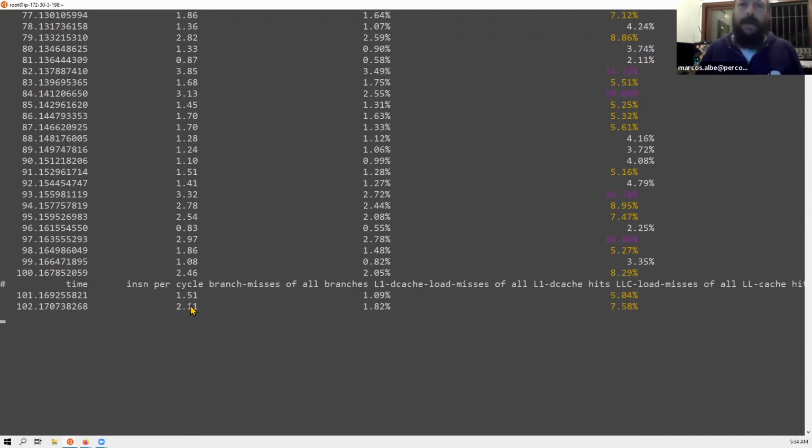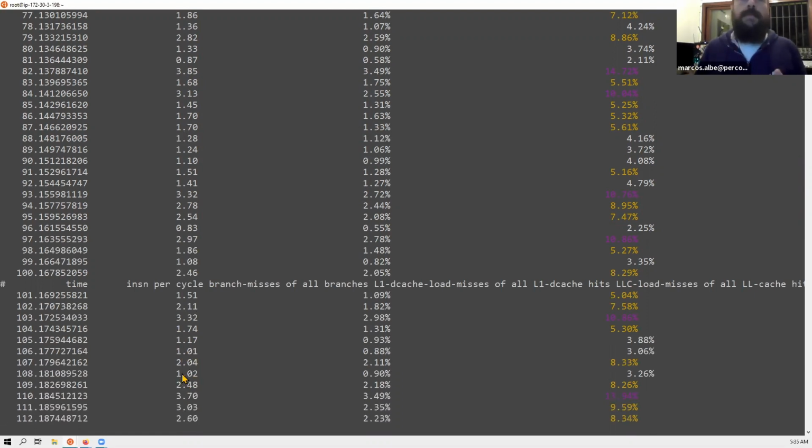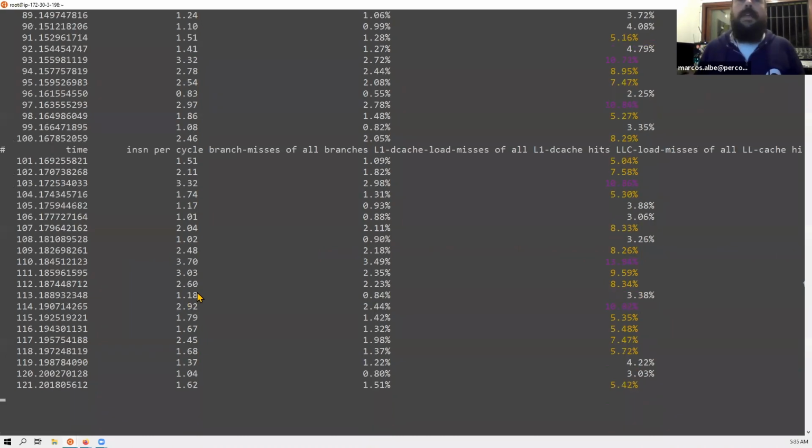Now, if we see 4, it's likely because it's spin looping. So you usually expect to see something like 1, 1.4, 1.5. 3.70 usually means it's totally stalled on disk or doing very little work.